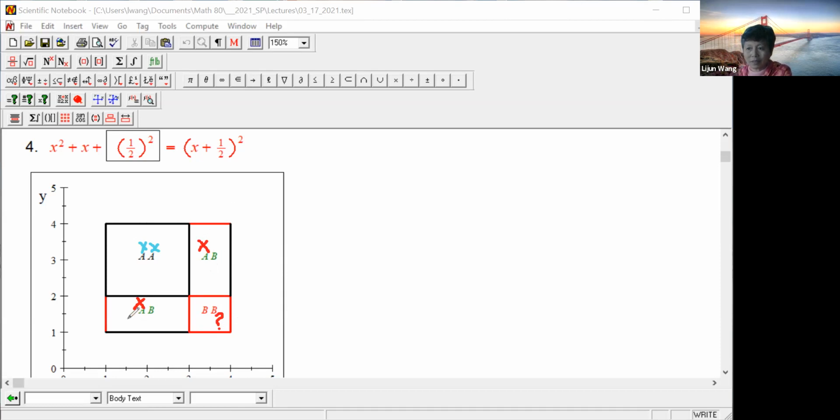But we know that AB plus AB is X, right? Since X is A, so X times B, 2AB, is 2XB, yeah? 2XB is X. Because we're matching this X here, right?